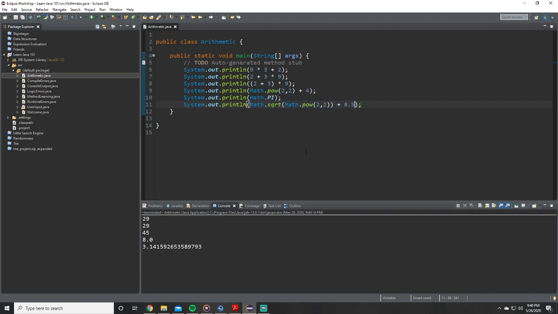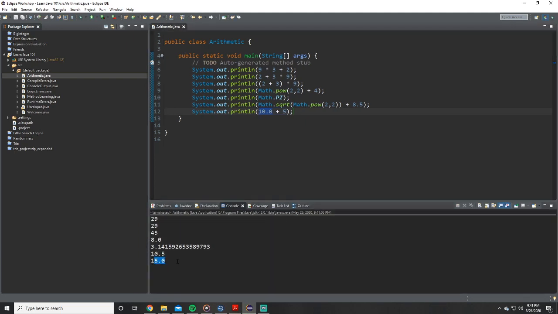Since I'm taking the square root of 2 squared, I just take 2, I get rid of the squaring power and cancel them out, and it should be 10.5. That's what we get. A way to typecast this very simply to a double is to add a .0 plus 5. That will typecast it to a double or a float. So I get a 15.0 double. That's an easy way to typecast.